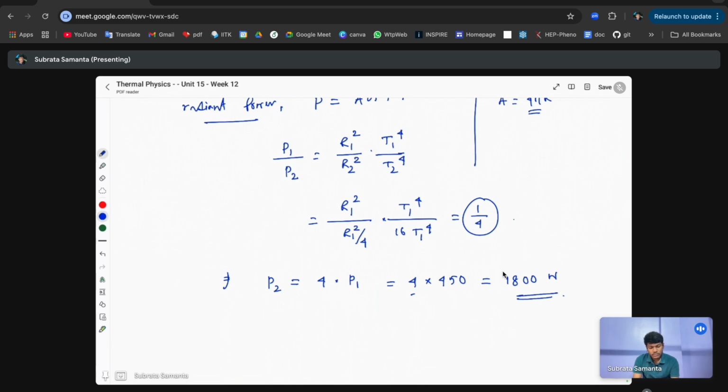Since the temperature is cancelled, we do not need the absolute values of the temperature. We also do not need the absolute values of the radius. It depends on the power.